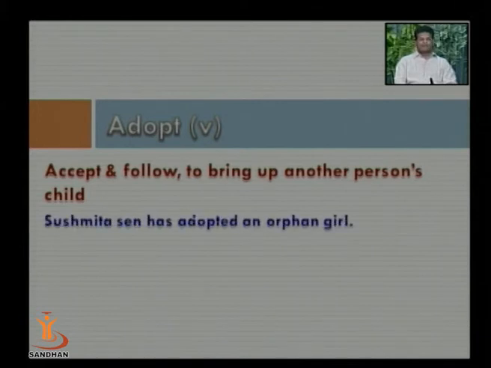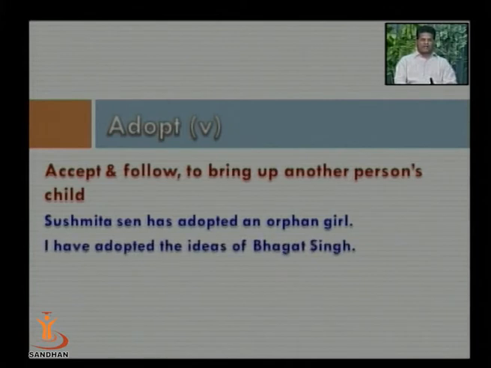Now example is, Sushmita Sen has adopted an orphan girl who does not have mother and father. So adopting some poor kid or accepting some new ideas. I have adopted the ideas of Bhagat Singh. Now here ideas have been adopted.